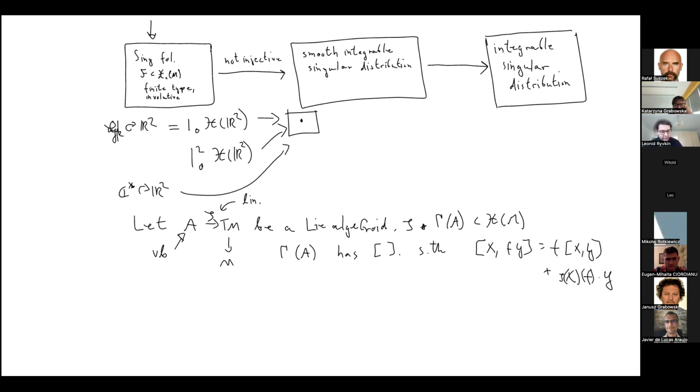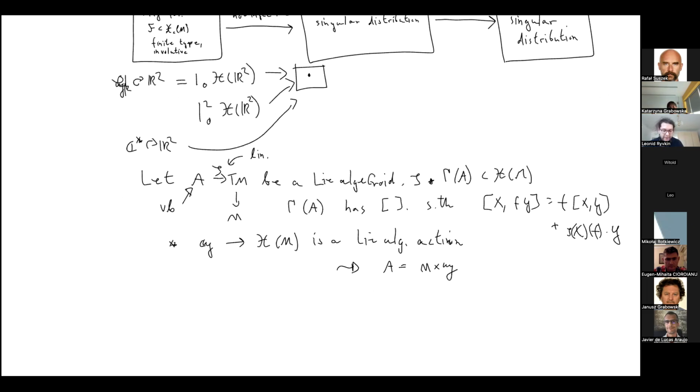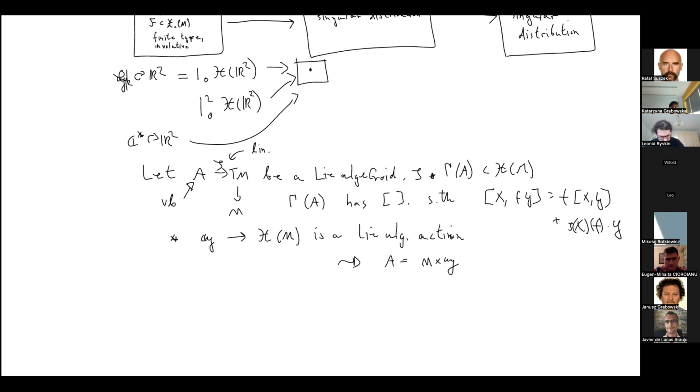And those things can be constructed from, for example, Lie group actions. I'll write it directly infinitesimally. So if g to X(M) is a Lie algebra action, then we can see it as a Lie algebroid, just as the trivial bundle M times g. And this map induces an anchor map and also a bracket.